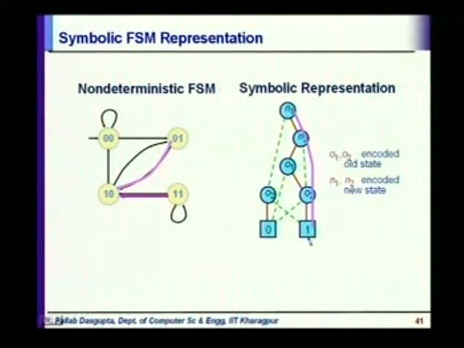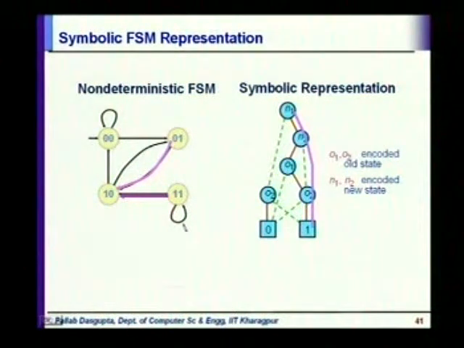Let us look at the case where I go from 1 1 to 1 1. 1 1 to 1 1 is a valid transition. So 1 1 1 1 is valid.